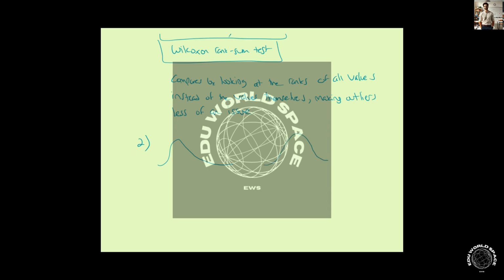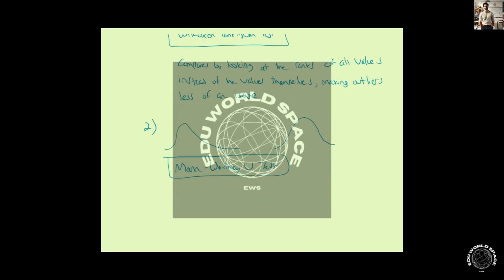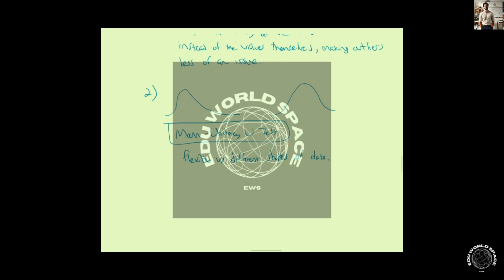The Mann-Whitney U-test is again a good choice. This test is flexible with different shapes of data and doesn't rely on the data looking normal to make a good comparison.